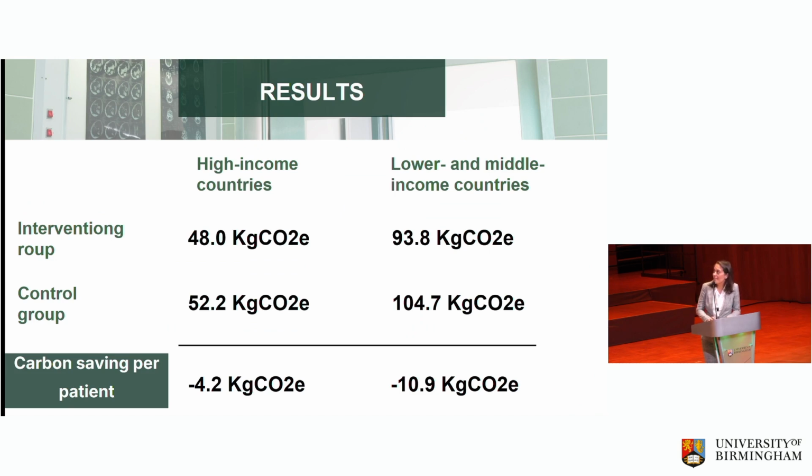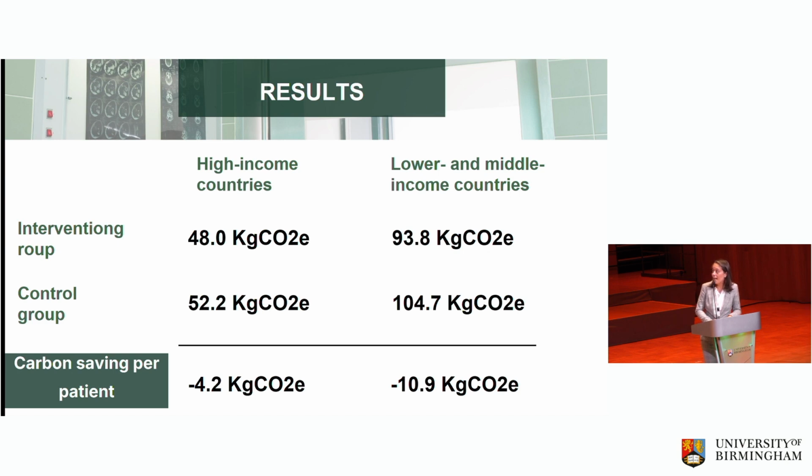So as you can see here, the intervention carbon footprint, both in high income and low middle income countries, is less than in the control group. Meaning that, yes, we're using more resources, however, we're preventing so many SSIs that, as a result, we're still leading to carbon savings per procedure per patient.